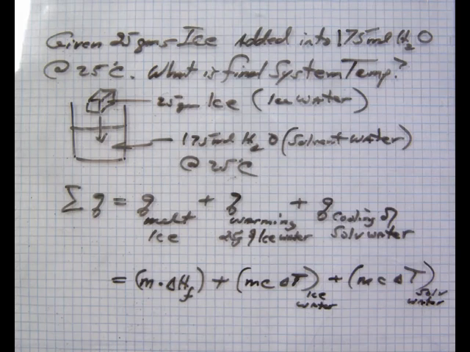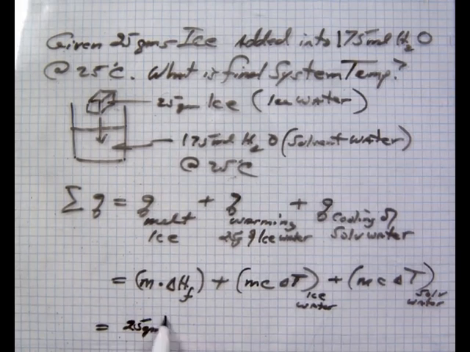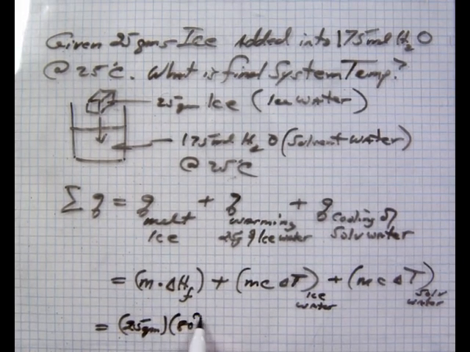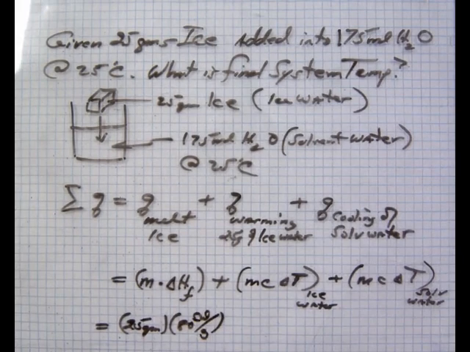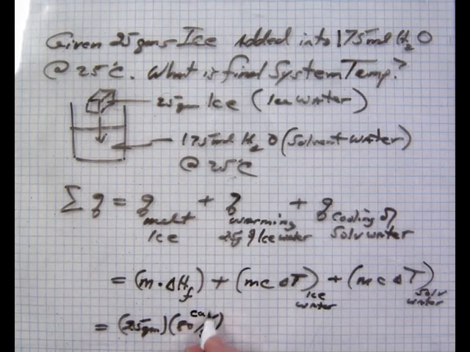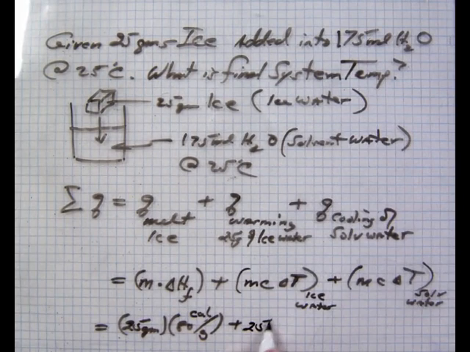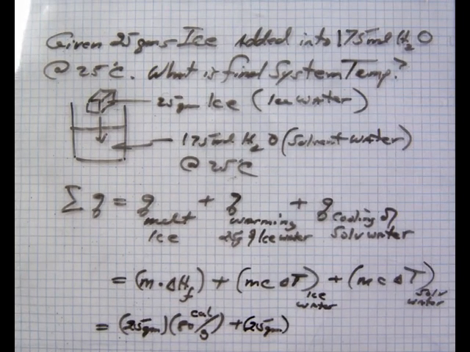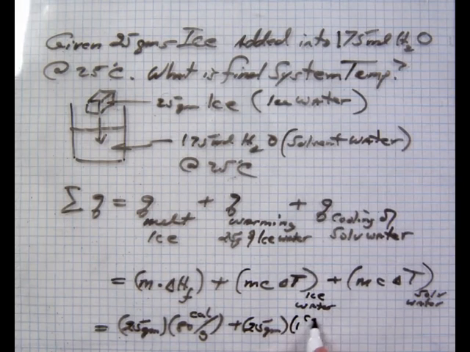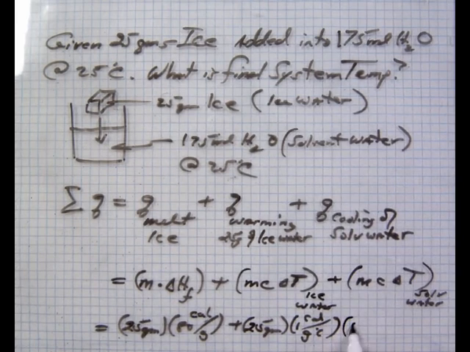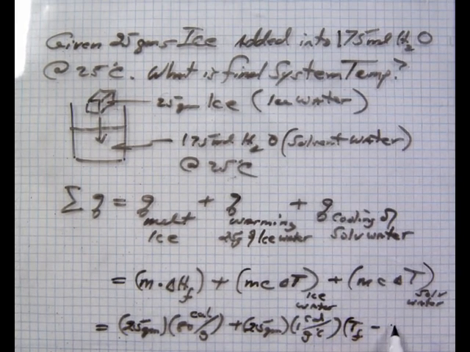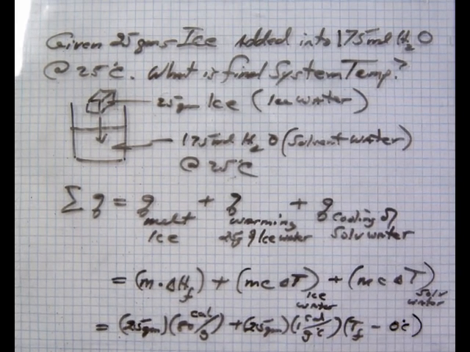So now it's a matter of substituting the appropriate data. We have 25 grams of ice, and it's 80 calories per gram. Plus ice water, so it's 25 grams of ice water once it melts, and that is 1 calorie per gram degree Celsius, and it's T final minus 0 degrees Celsius.